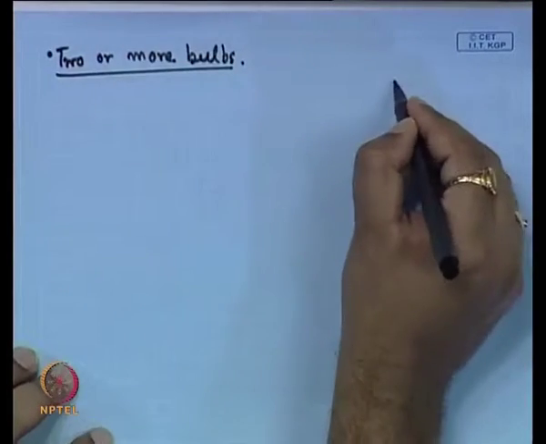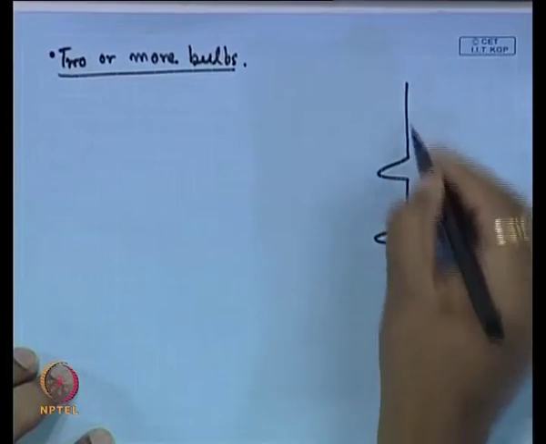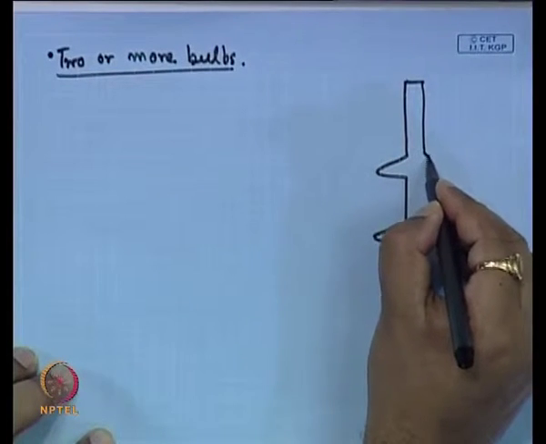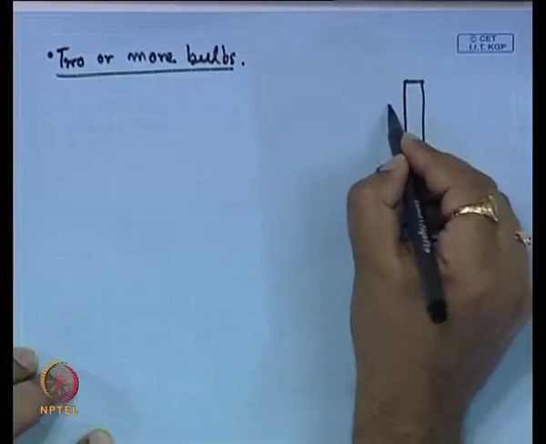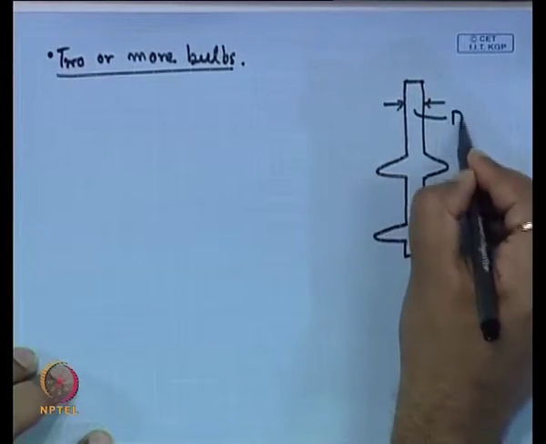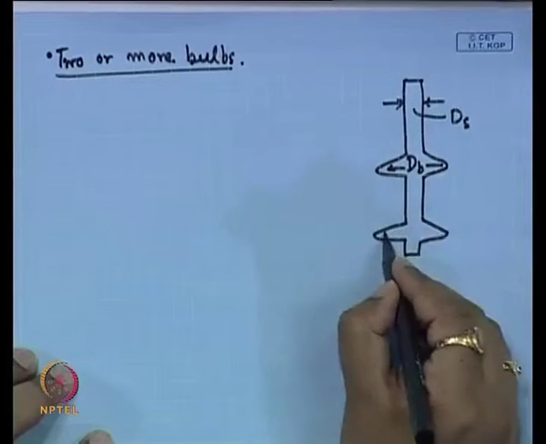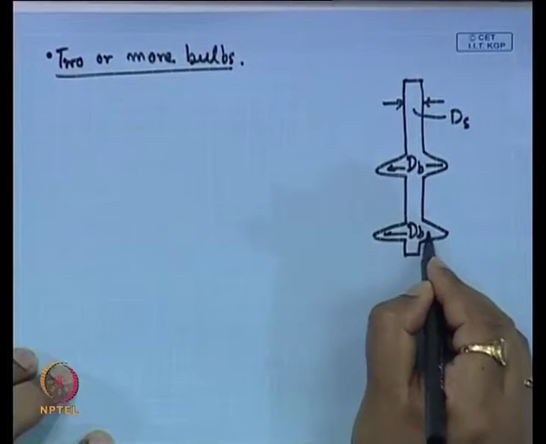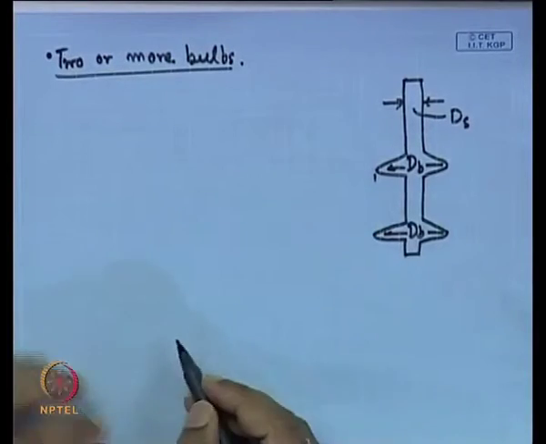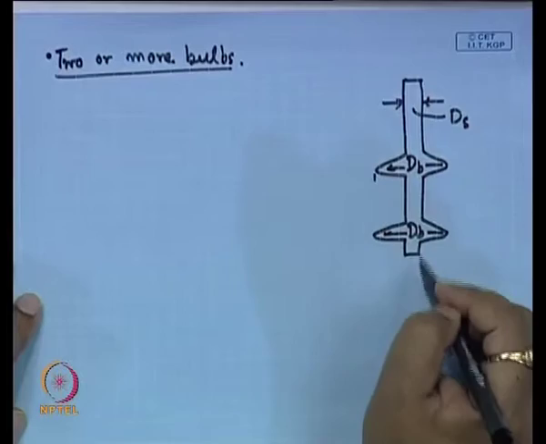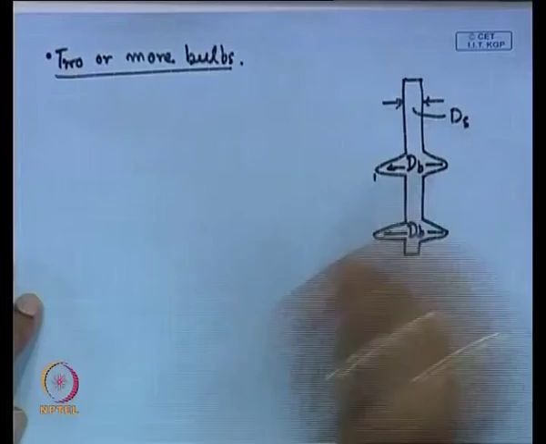In this case, suppose this is one bulb, this is another bulb, again this is the diameter of the shaft ds, and if we consider the same bulb diameter for the 2 bulbs, this will be dB. So, this is dB and this is the shaft. So, this is the 2 or more bulb case, we are considering the 2 bulb case here. So, bulb diameter is dB and shaft diameter is ds.